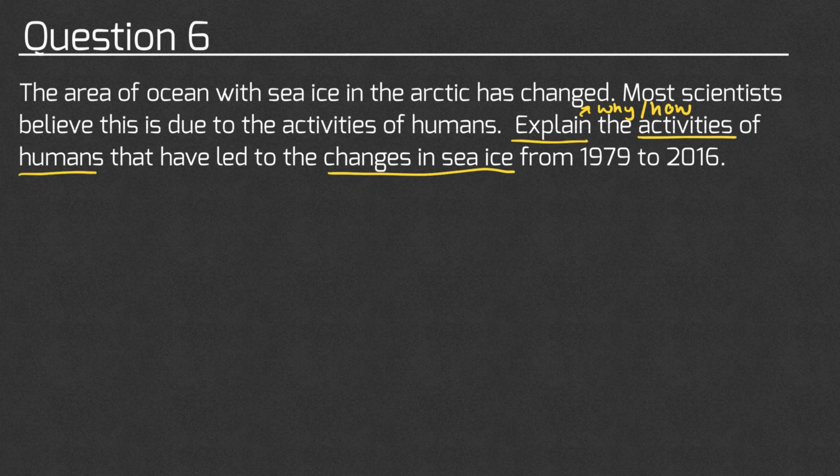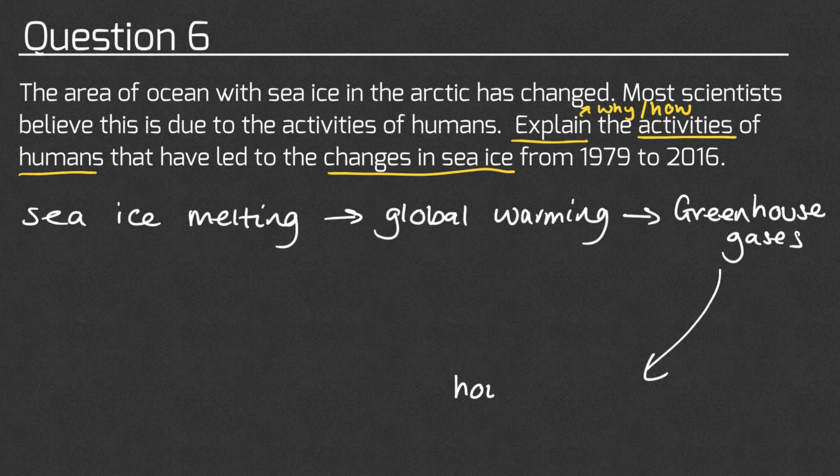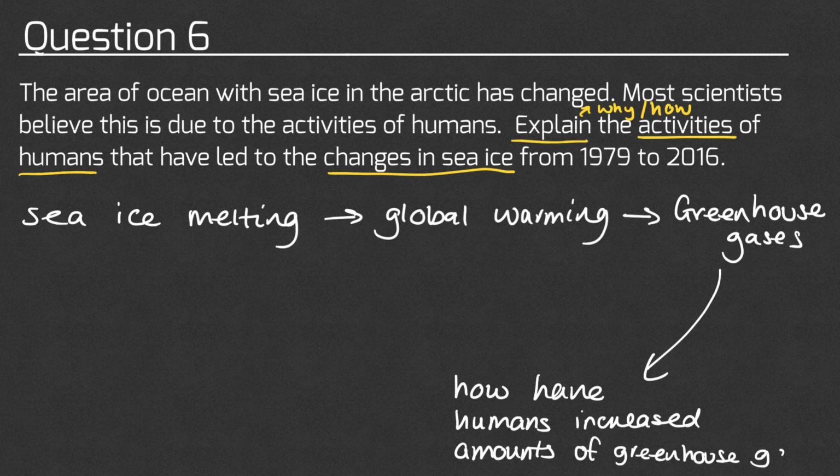And we're looking at the activities of humans which have caused a change in the sea ice. So we know the amount of sea ice has decreased, it's been melting. This has been caused by global warming. And we know global warming has been caused by an increased amount of greenhouse gases. So what we need to look at now is how have humans increased the amount of greenhouse gases in the atmosphere.